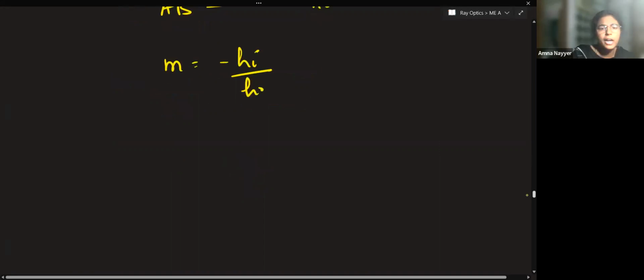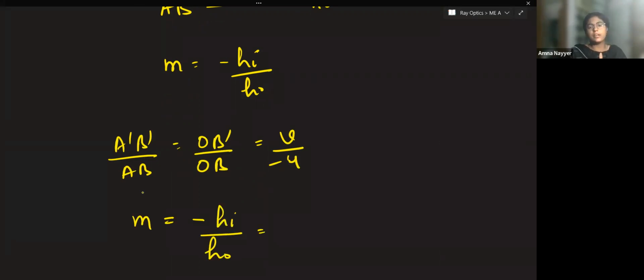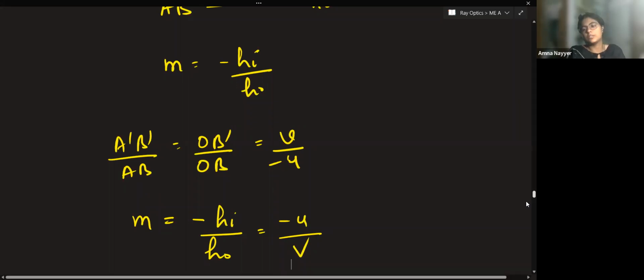This is one equation. Also, we know A dash B dash is equal to what? O dash B dash by OB. Right, just now we had written it above. So A dash B dash by AB is equal to OB dash by OB. This is V by minus U. So that makes the complete formula for it.